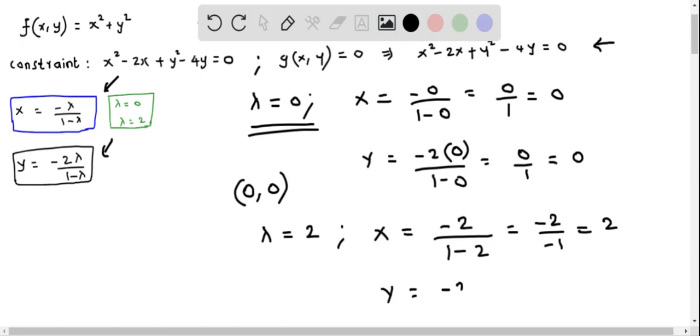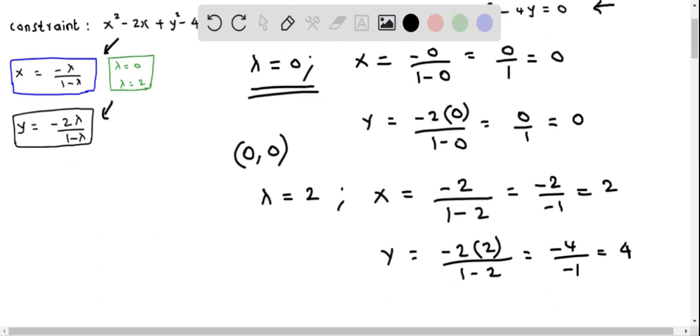This becomes negative 2 times lambda, which is 2 here, and this becomes 1 minus 2. So we get negative 2 times 2 is negative 4 divided by 1 minus 2 is negative 1, and this gives a positive 4. So therefore the point is 2 comma 4.